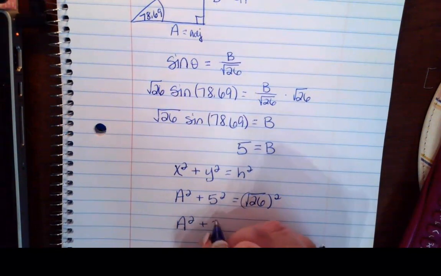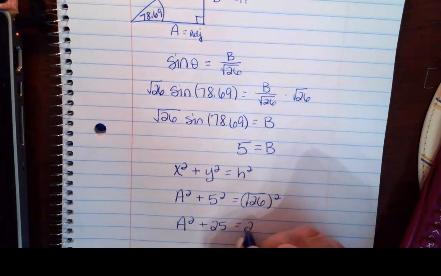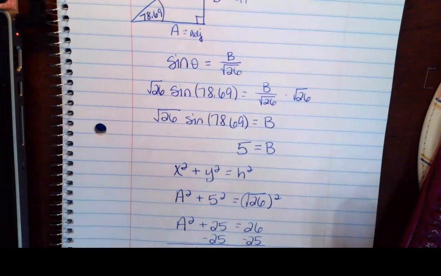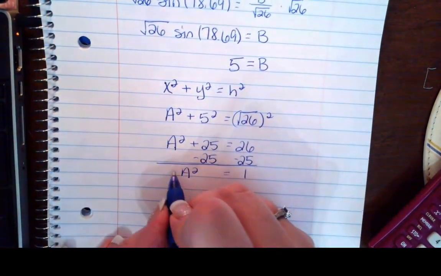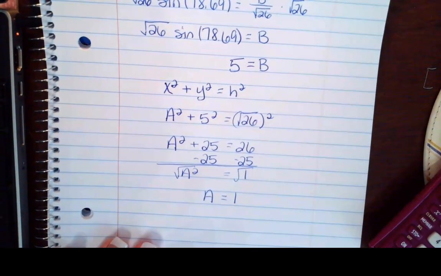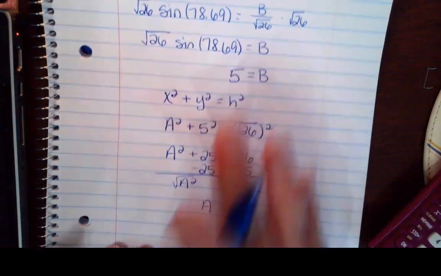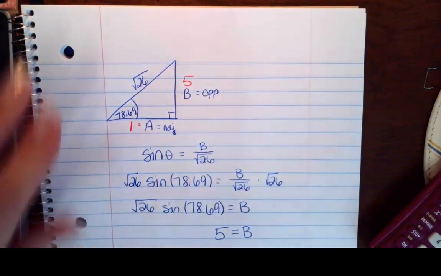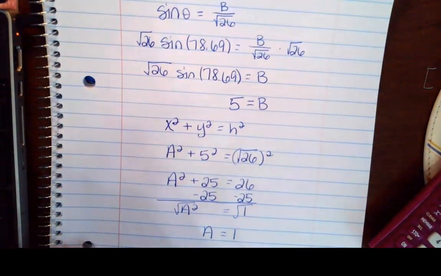So A squared plus 25 is 26. A squared is 1. So I'm going to take the square root of both sides, so I get A equals 1. So that means this side is 1.